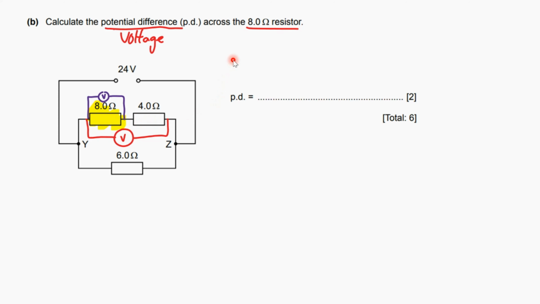So there is only one formula to calculate this, which is V1. Let me say V1, which is across the 8 ohm, divided by the total voltage, which is across the 8 and 4, equals R1, which is resistor 1, which is 8, divided by the total, or the summation of both resistors, the 8 and 4.